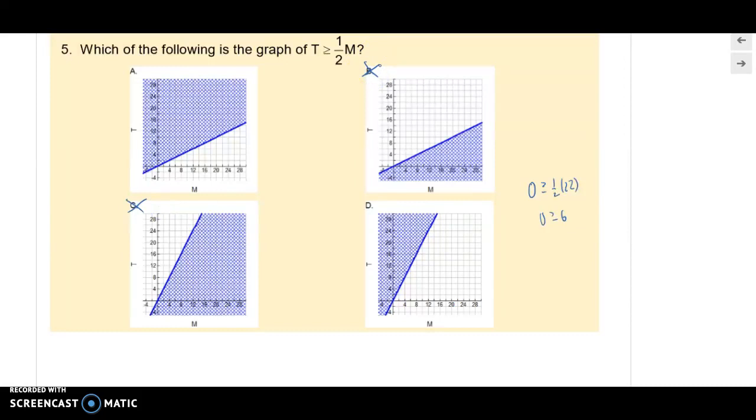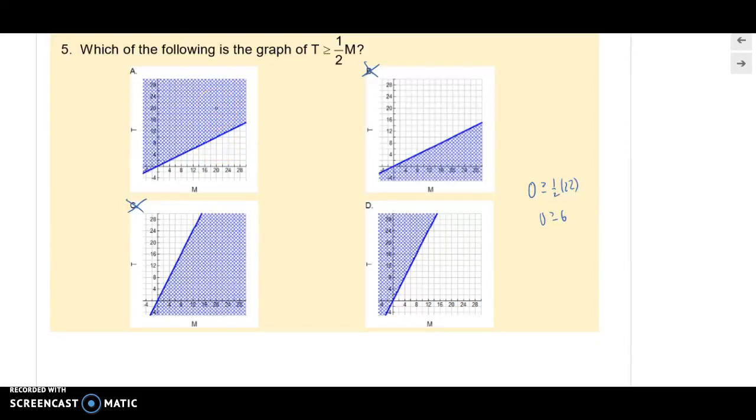Here I might go and try to figure out what the slope is, or I might just find another point that is part of A but isn't part of D, and that might help me find something. Looking in the region of 20, there's really nothing in this area here. But if I go to 20 here, it looks like 20, 20 is in there.